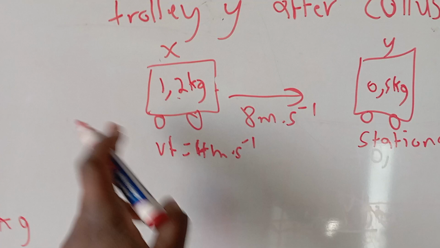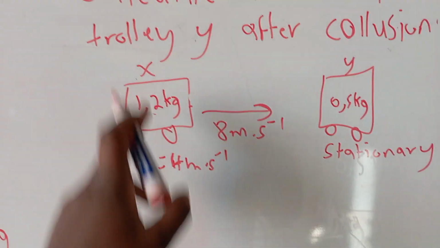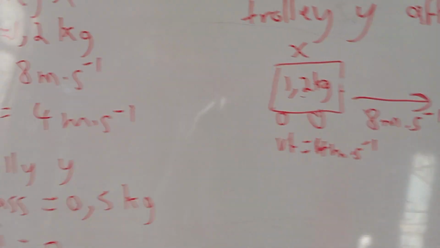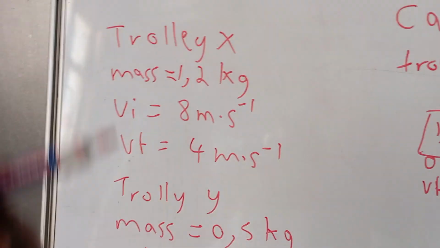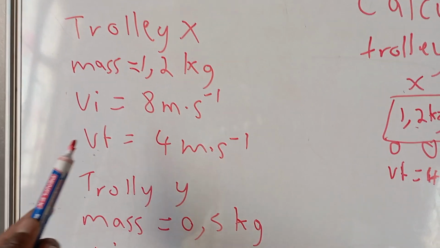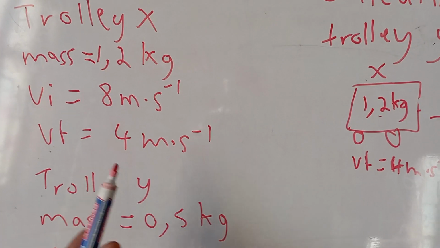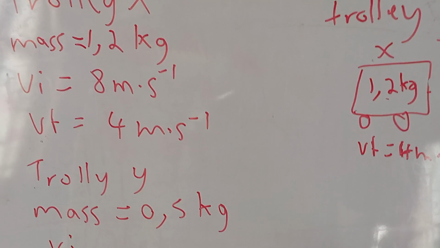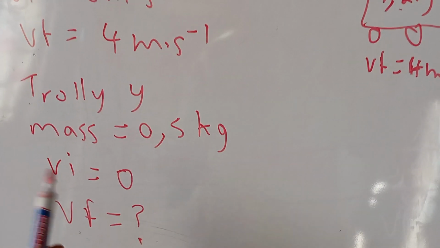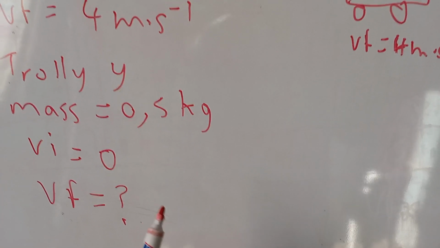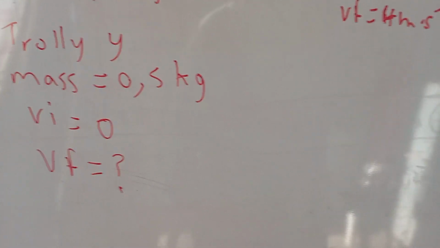So we want the final velocity of trolley Y. For trolley Y, we have the mass of 0.5, VI is 0, and we want to calculate VF.